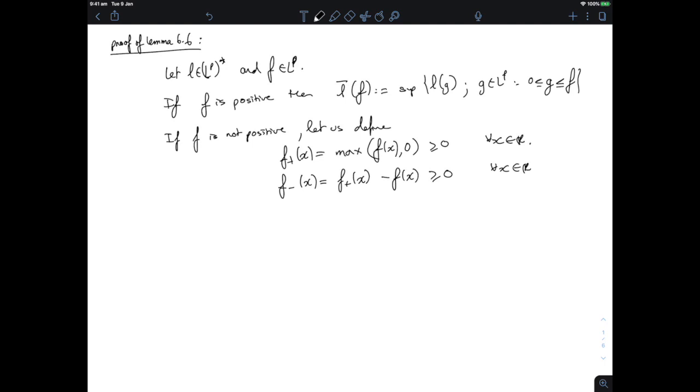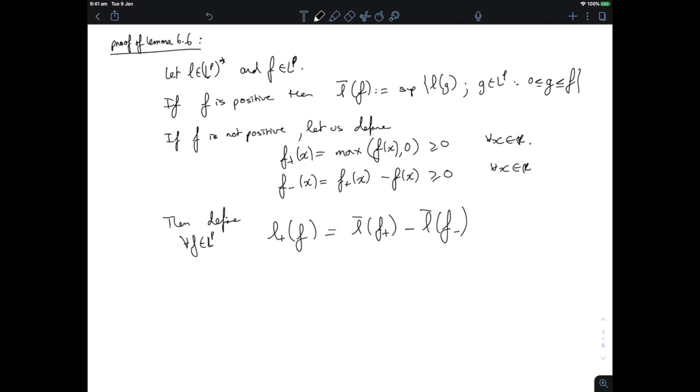And then I'm going to define L plus of a general f, for all f in LP, as L bar of f plus minus L bar of f minus.